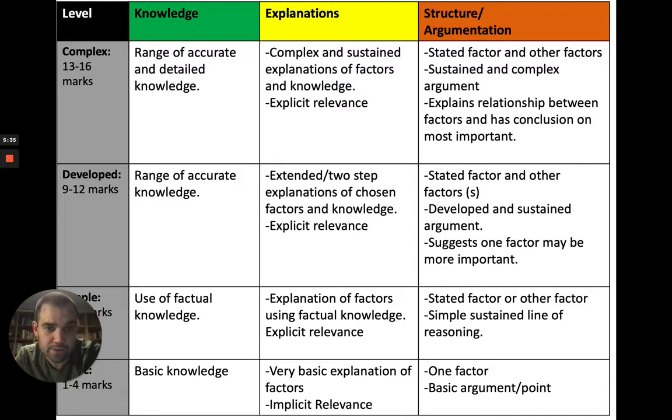And finally, if you want to get in those higher mark bands, you've also got to at the very least suggest one factor that may be more important. So in the question we're looking at, you'd have to have a conclusion on whether you thought economic reasons were the main reason people migrated or not. So those are your three main things: knowledge, explanations, and then your structure and overall argumentation.